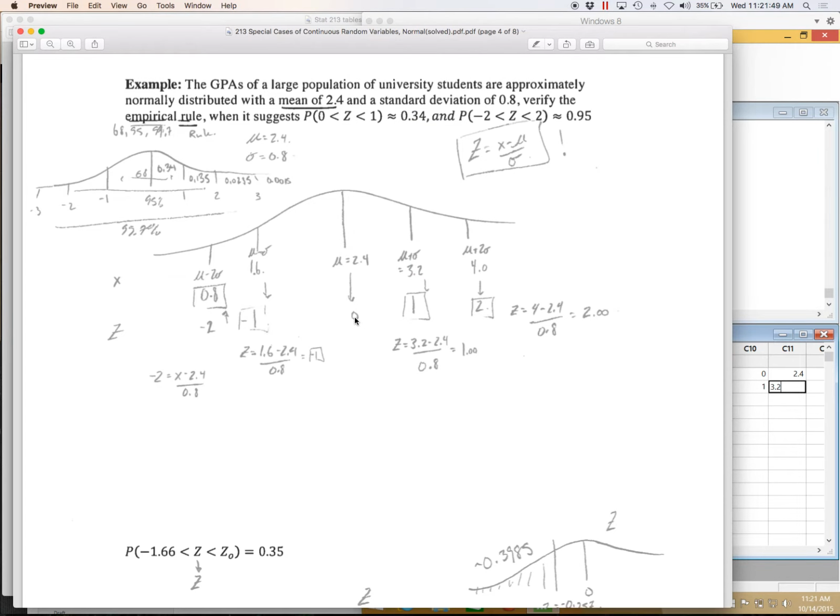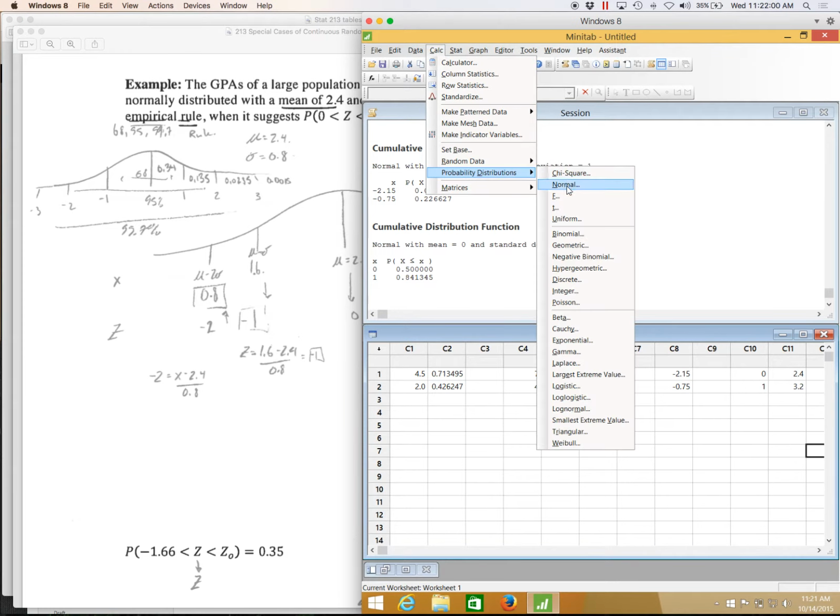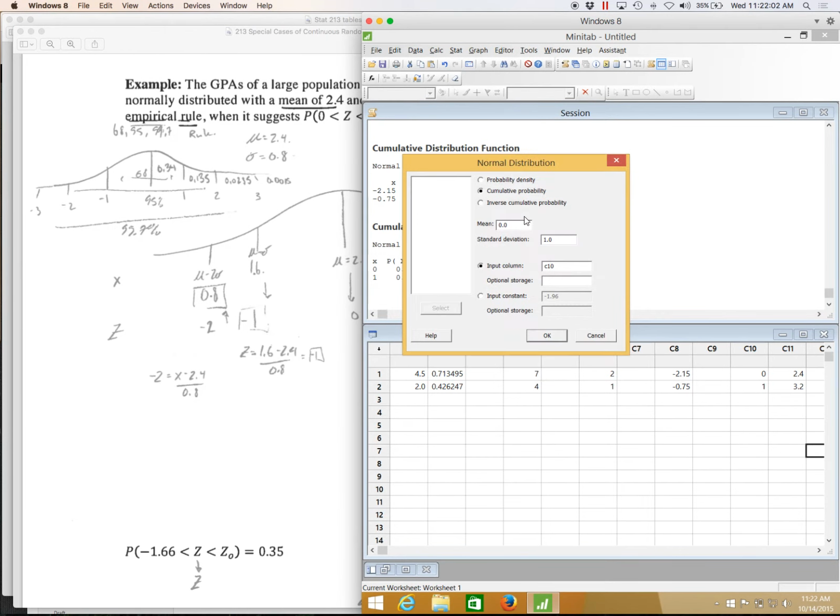So instead of talking in Z scores in between 0 and 1, let's talk about GPA scores in between 2.4 and 3.2. You can also use Minitab to do this. Instead of the middle being 0, the middle is actually 2.4. Instead of the spread being 1, we're not talking about Z scores, we're talking about the spread actually being 0.8. We saw the middle was 2.4 and the standard deviation was 0.8.